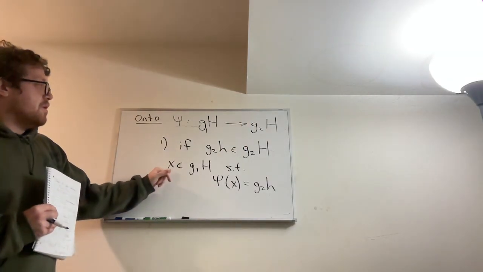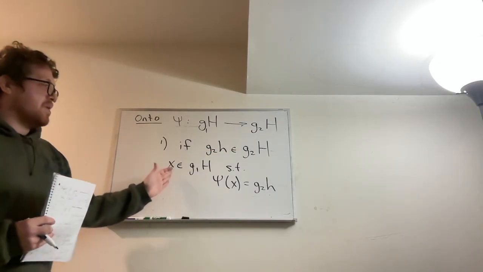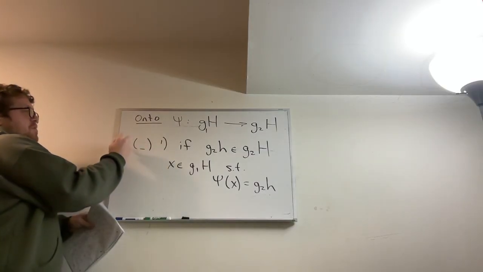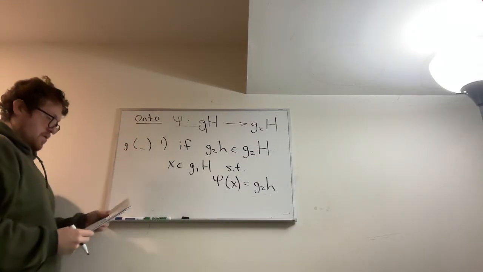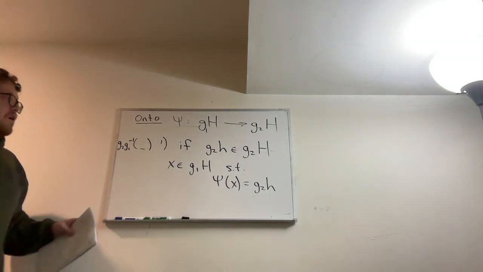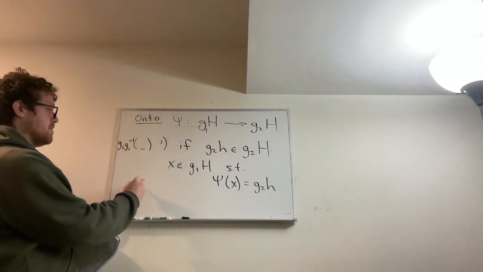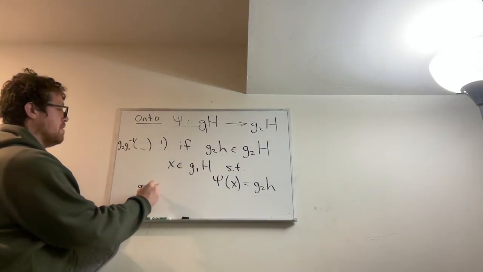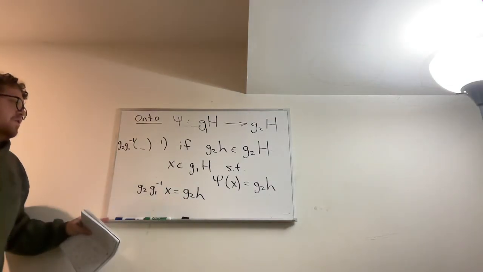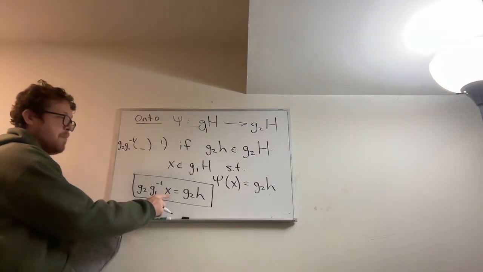So we just have to find out what is this element X that maps to G2H, and the map again was, whatever the element is, we multiply on the left by G1 inverse first, and then G2 on the left of that. So basically, we're just looking for something X such that G2 G1 inverse X is equal to G2H, right? And now we just have to solve the equation for X basically.